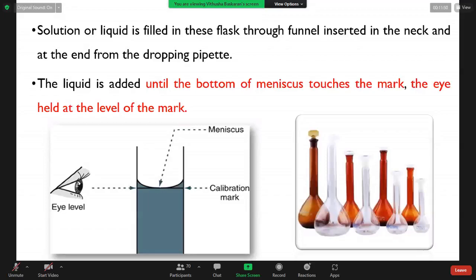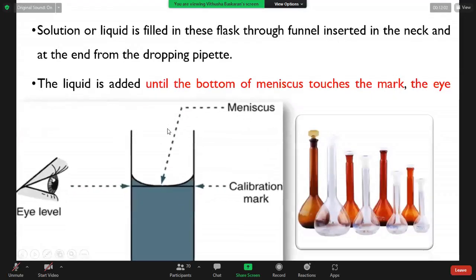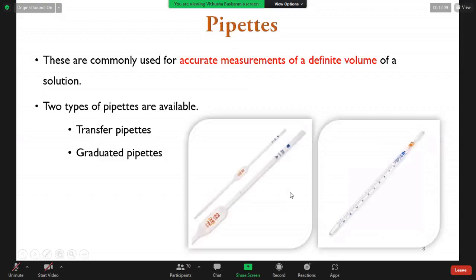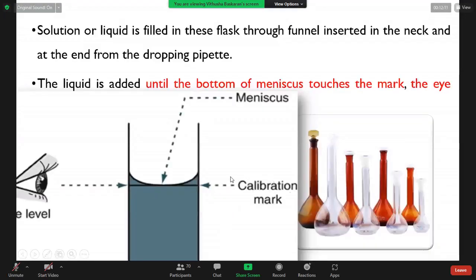And we can fill the solutions in this volumetric flask using either a funnel or a pipette. And here in this picture, you can see the liquid should be added until this calibration mark.